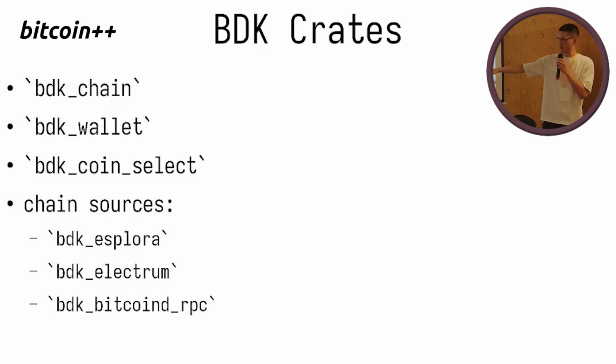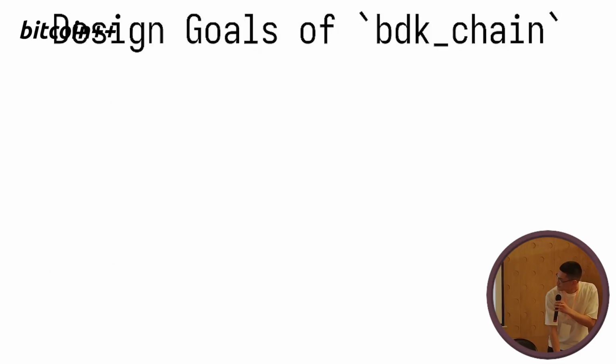And also we have block by block chain sources. For example, you might run your bitcoind node on the computer, and then use the bitcoind client to emit blocks, and BDK chain or BDK wallet just absorbs the blocks coming in. It filters out the relevant transactions and saves them in the wallet. And yeah, that's the basic overview of the BDK traits.